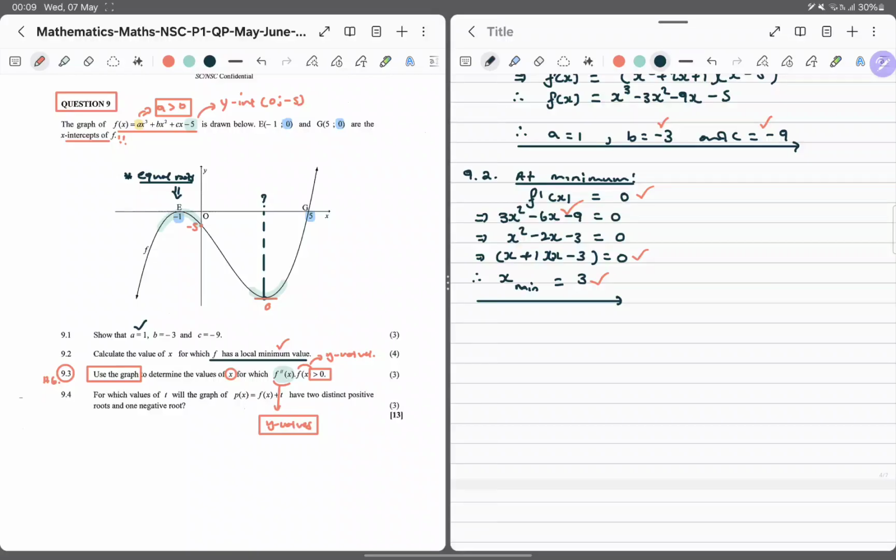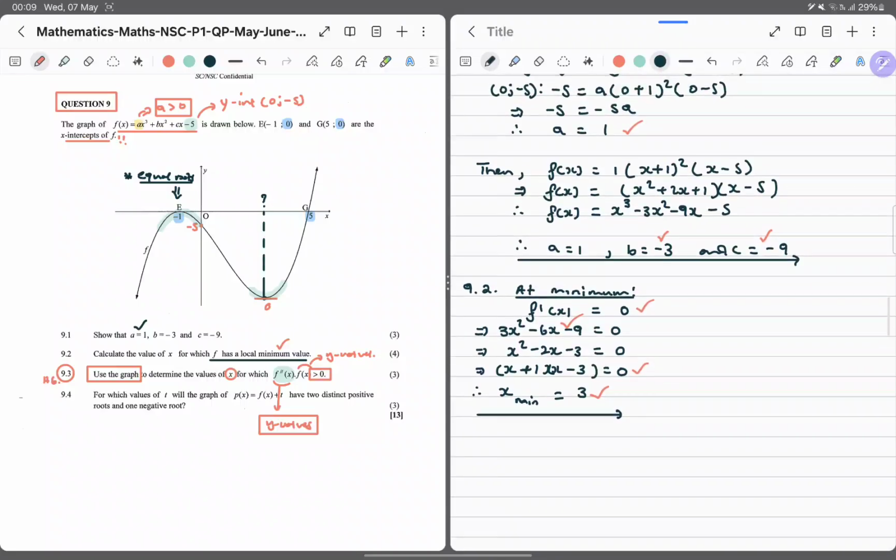There's a specific reason why the examiner is saying we need to use the graph here, because we could easily do something else. I could personally solve this algebraically, because I honestly can, because remember, we can factorize the f of x into this nicely.